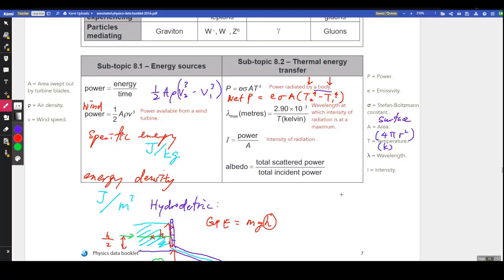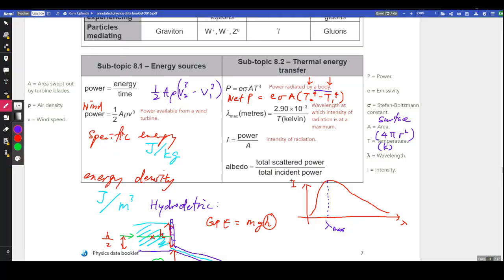The second equation is about Wien's displacement law. In case you don't remember, it's something to do with the graph of different temperature. So you have intensity here, you have the wavelength here, then you always find there is a shape something like this, and then there is a certain lambda.